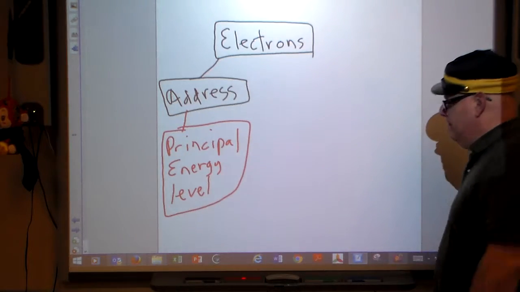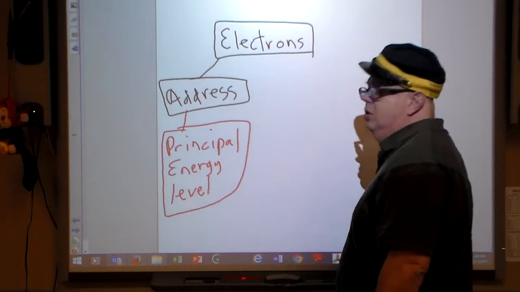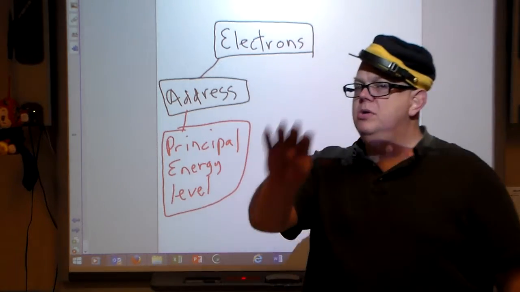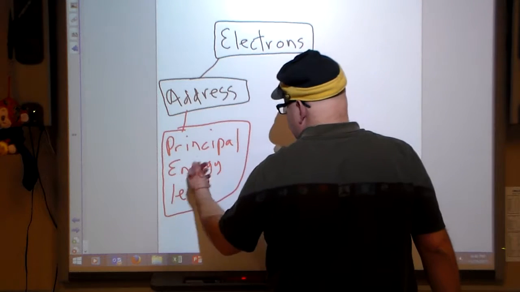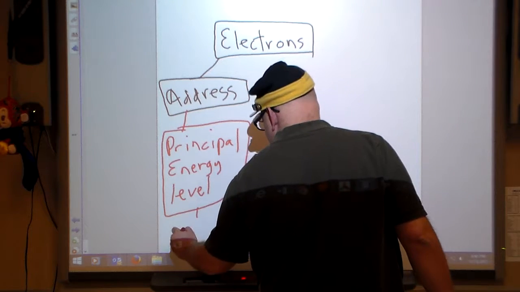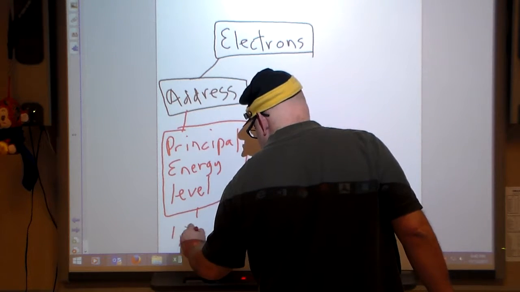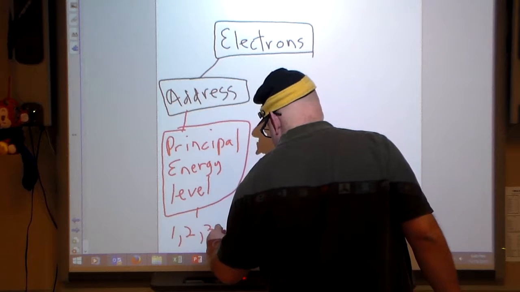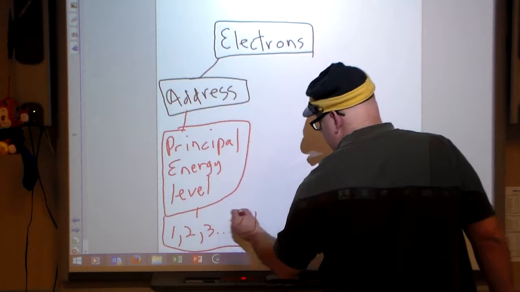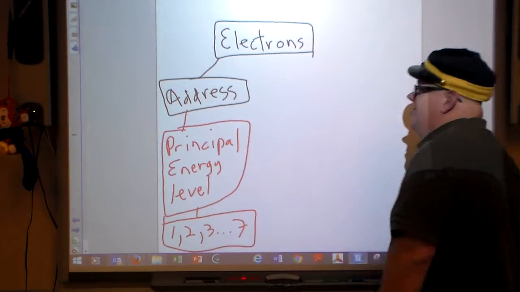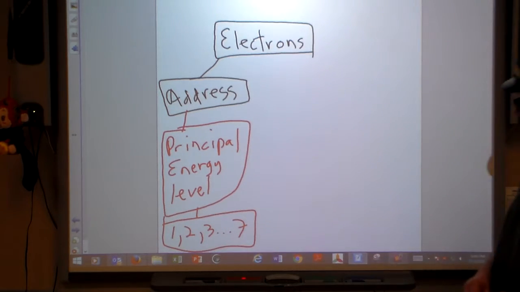That's the big one. Principal energy level. Remember, the address has 4 parts. So part 1 is principal energy level, and that goes with 1, 2, 3, all the way to 7. That's your principal energy level.